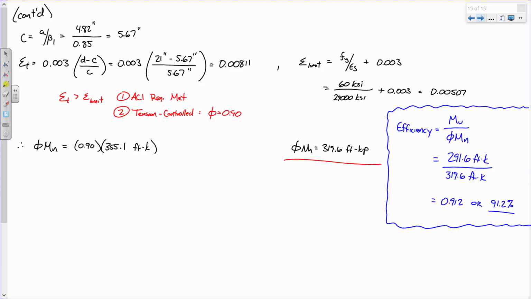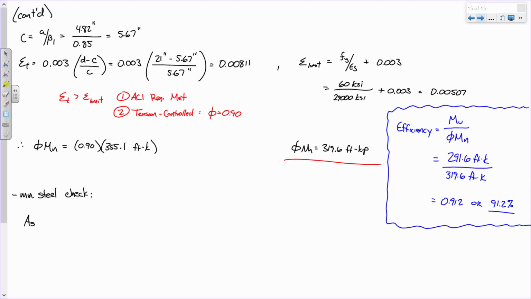A_s min. The minimum area of steel requirement. We have to check and make sure that the steel pattern that we put in met A_s min. Because remember, the spec says, I don't care what the capacity says, you've got to at least put this much steel in. So our final check is the minimum steel check.